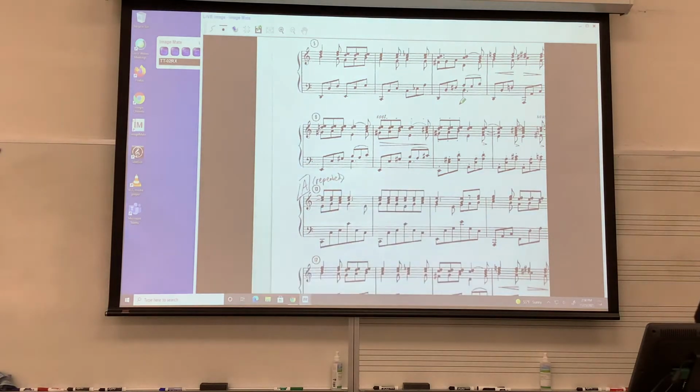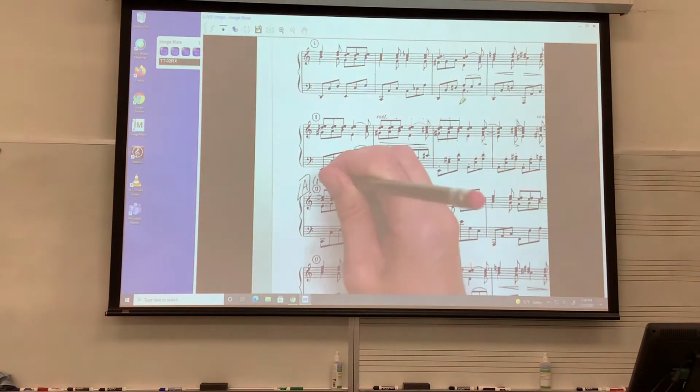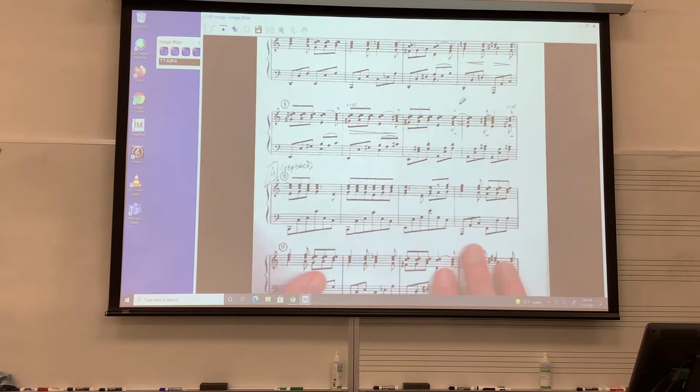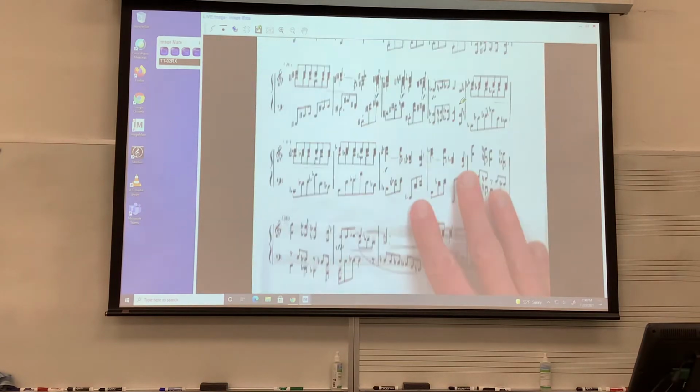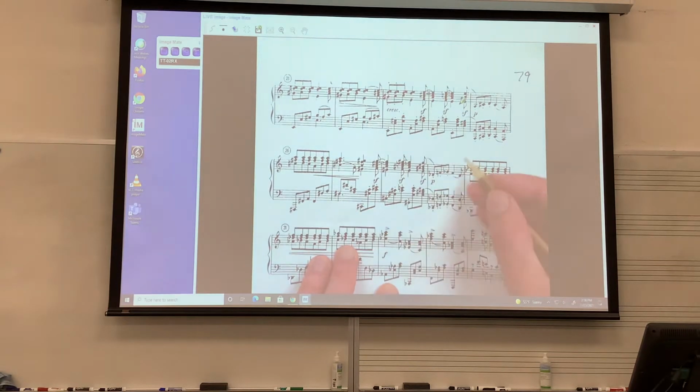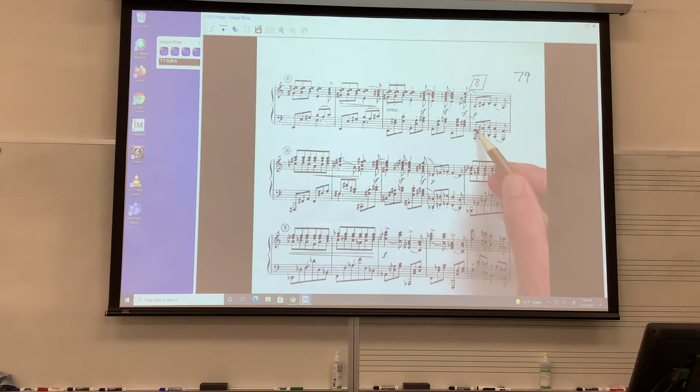So there's our repeat of the A section. He just repeats it almost exactly the same as the first time. Here is our B section. You'll just have to take my word for it until we get there.